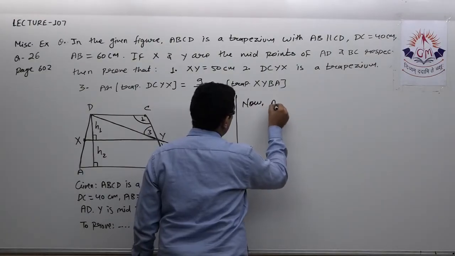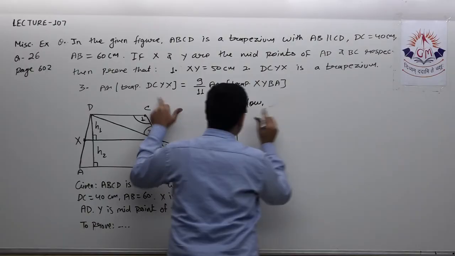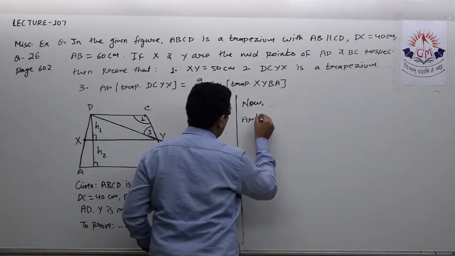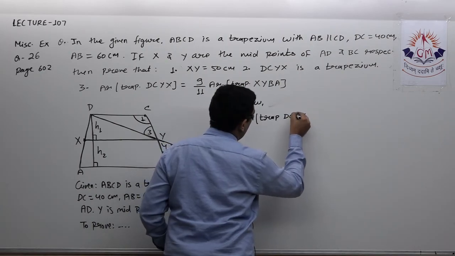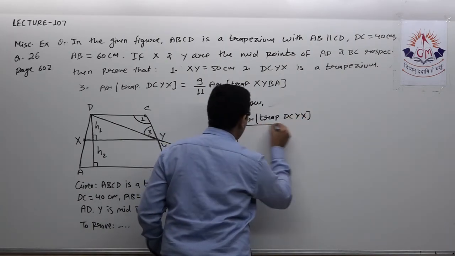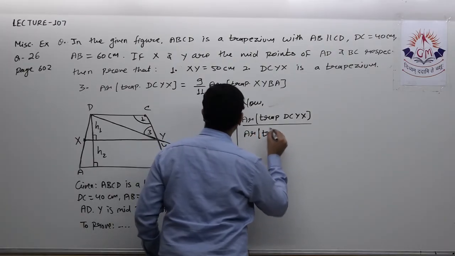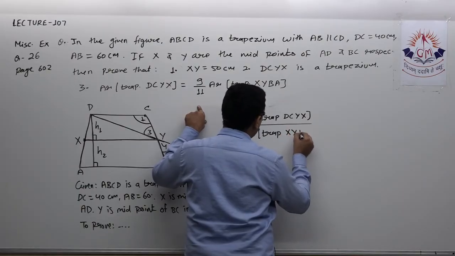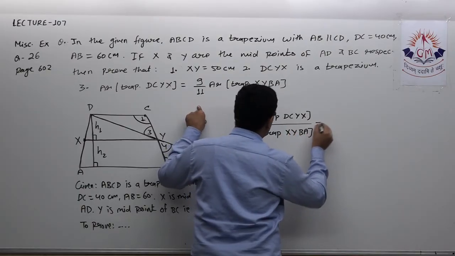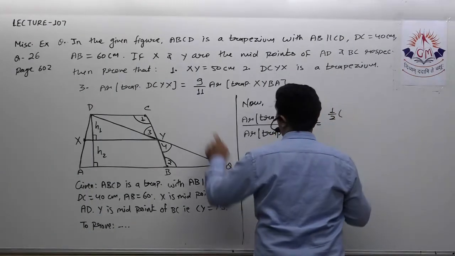Now, area of trapezium DCYX upon area of trapezium XYBA is equal to, for this trapezium, 1 upon 2 times the sum of parallel sides.